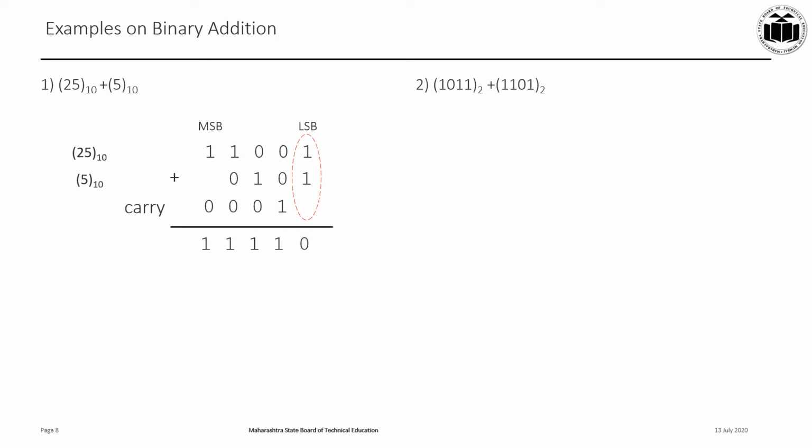In the next higher order column, 0 plus 1 with carry 0 gives the sum as 1. In the next higher order column, 1 plus 0 plus carry 0 gives the sum as 1. And in the MSB column, 1 plus 0, where carry is 0, gives us a 1. So the answer comes to 11110, which is 30 decimal.